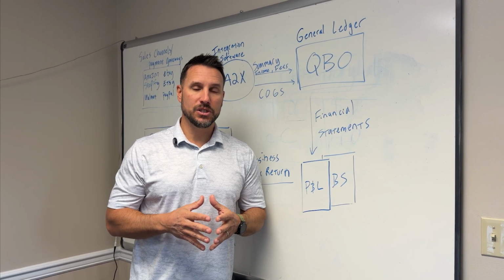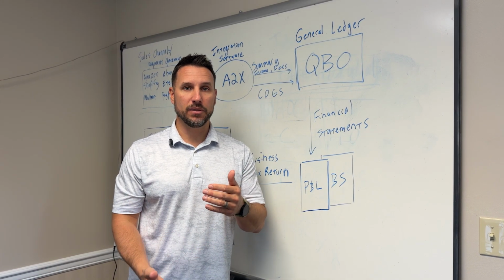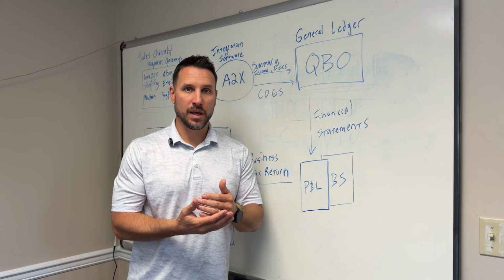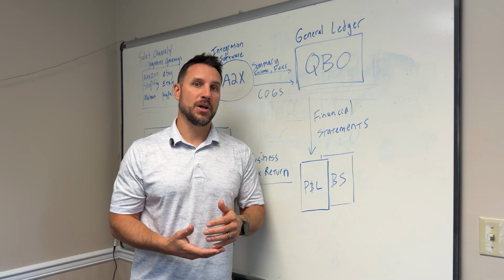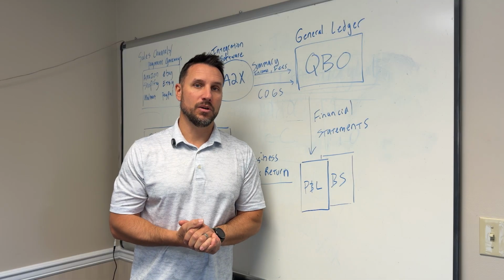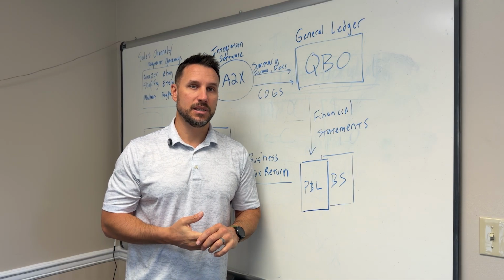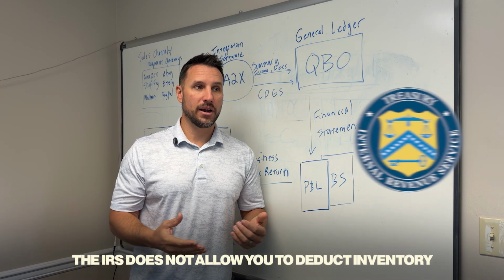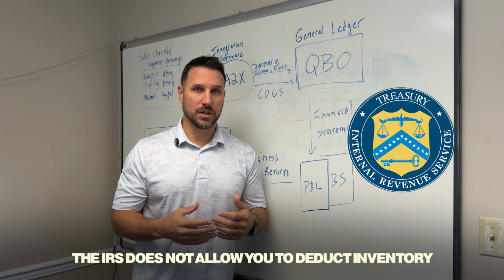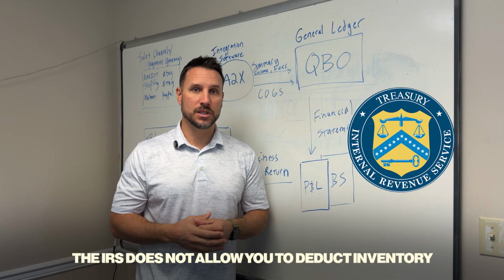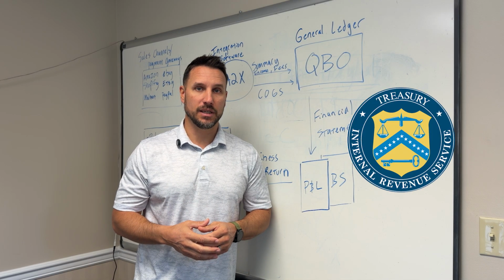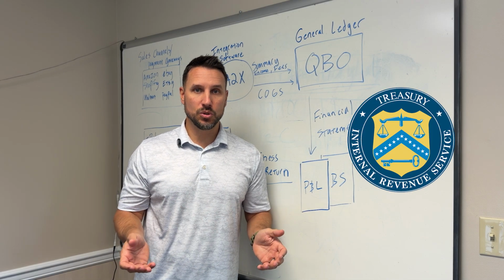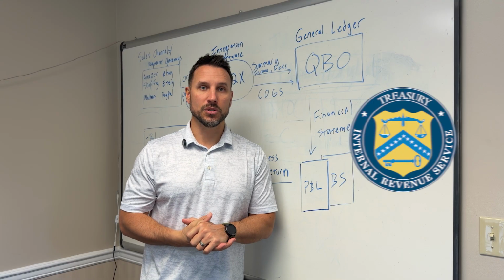And that really skews your P&L, because in a month that you purchase inventory, it's going to show a lower gross profit than in a month that you didn't purchase inventory or purchased less inventory. Also, the IRS does not allow you to deduct inventory when purchased unless it's fully consumed or used in production in the year that it's acquired, which is usually not the case for an e-commerce business.